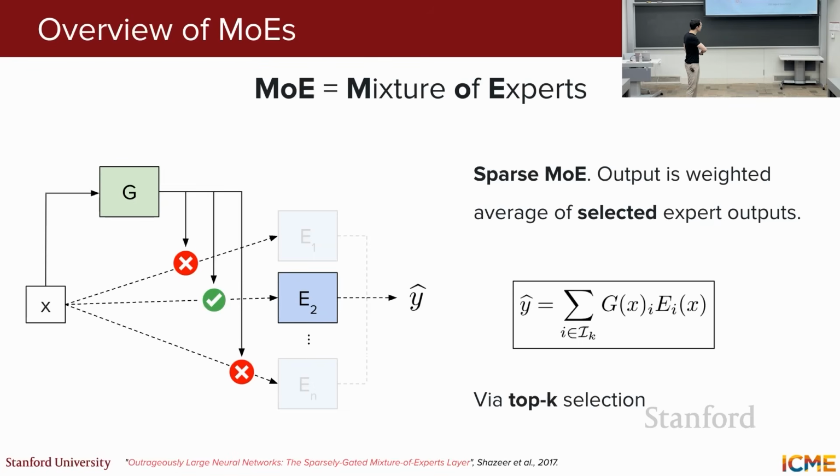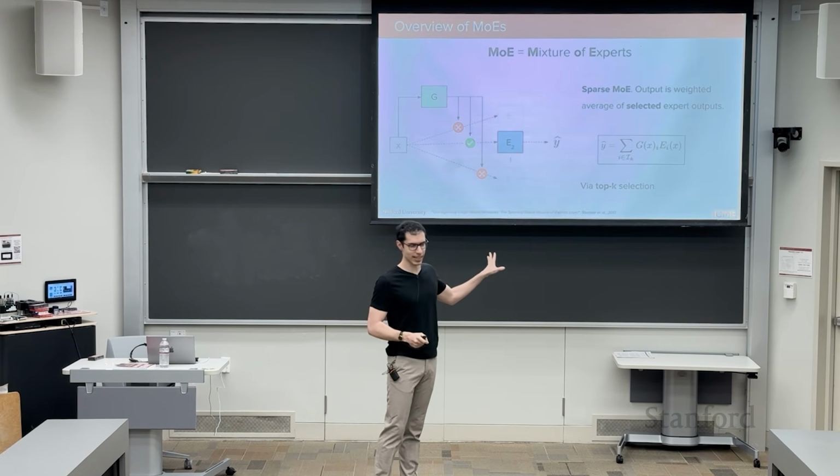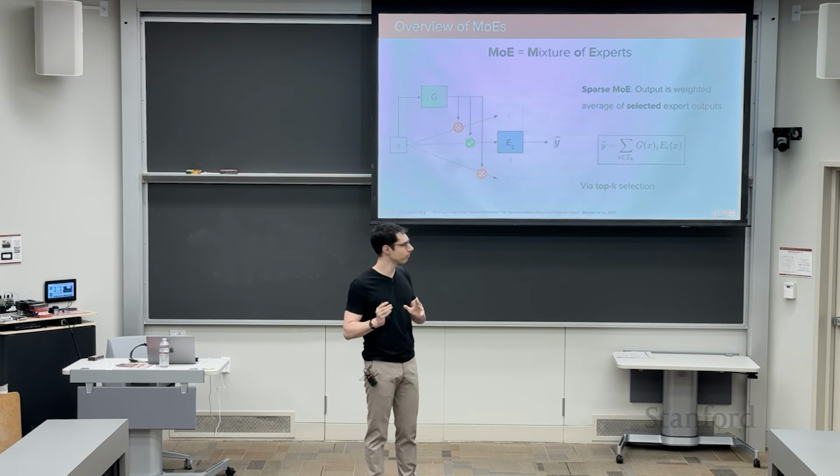But then the interesting thing is when we constrain the number of experts that are activated, because here, as we mentioned previously, what we're interested in is to not involve everyone, is to make some savings in the amount of compute that we do. So there's a second kind of MoE that's called the Sparse MoE.